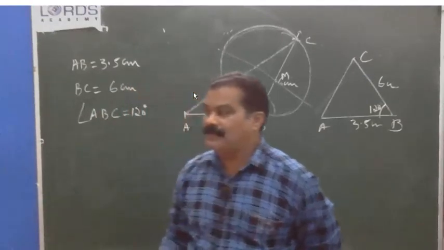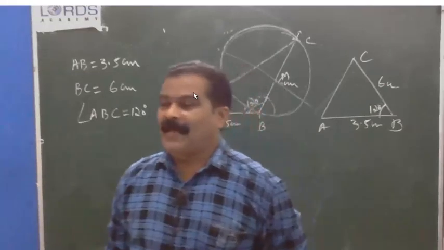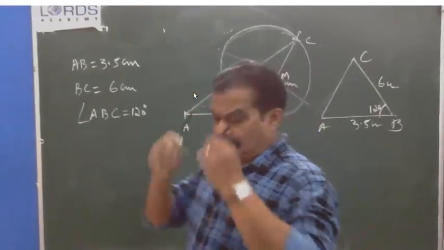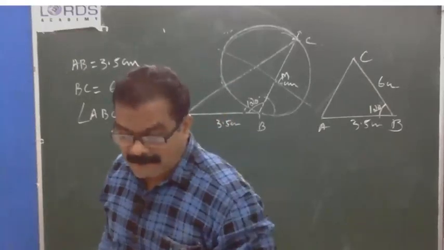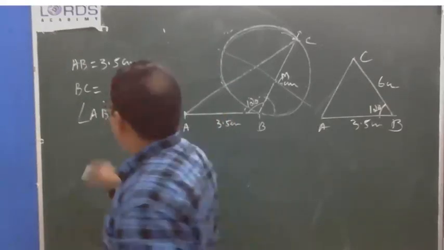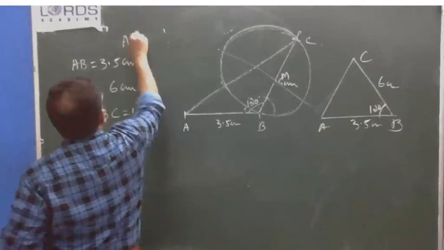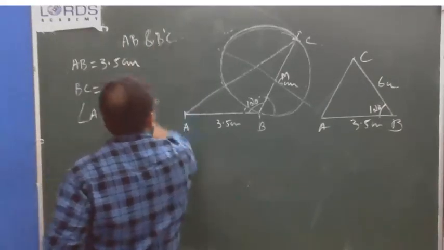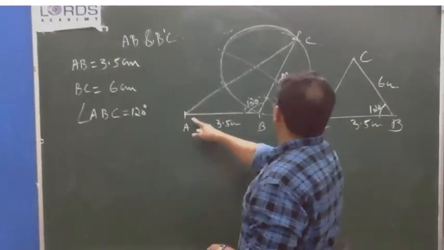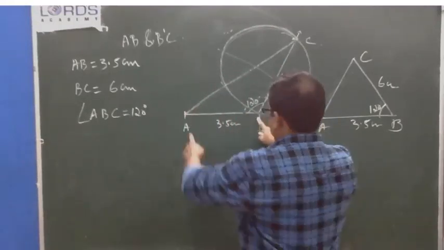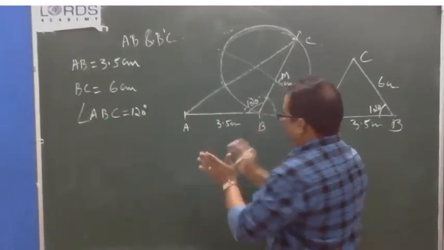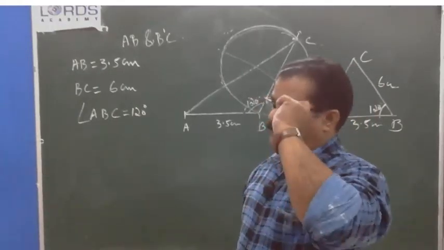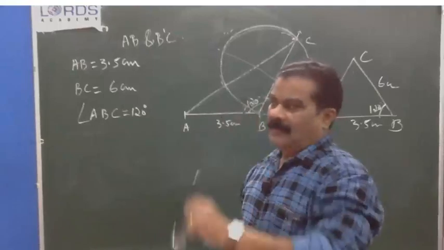Equidistant from AB and BC, these two sides. What is the meaning of that? What can we do here? Tell me. Anyone?